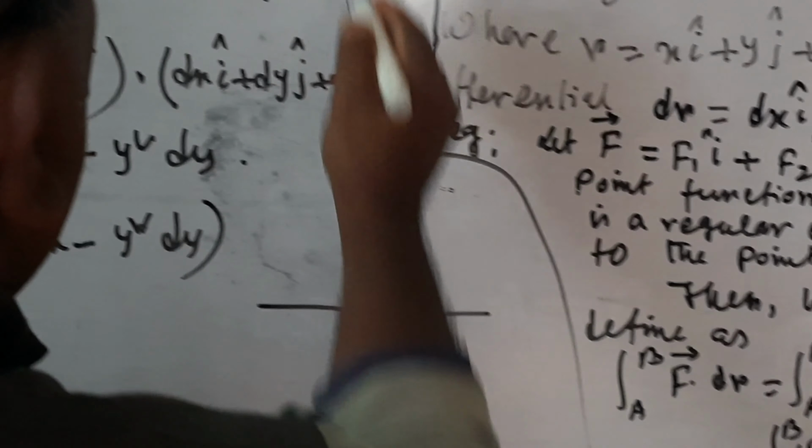Now, this is a parabola. Follow me. y equals 2x squared, that is x squared equals y by 2, so this is an upward parabola. Now they are asking from (0, 0) to (1, 2).